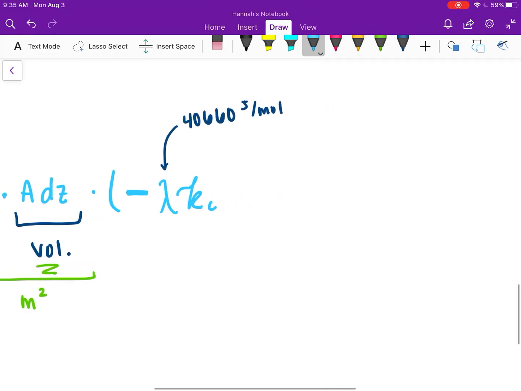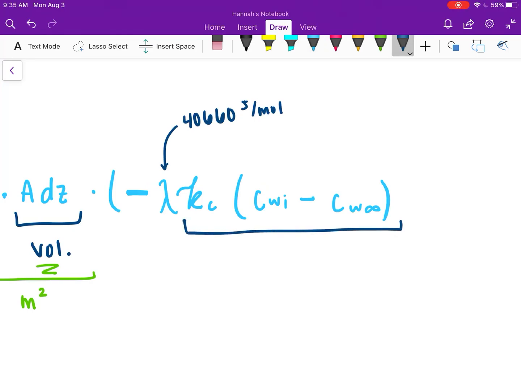And then, like I said, because the amount of mass transfer depends on the difference in concentration, we're going to write in that difference in concentration, which is the concentration of the water at the surface minus the bulk concentration of the water. And this whole section right here of this proportionality factor and the difference in concentration is going to be the mass transfer. And that's in moles per meter squared.